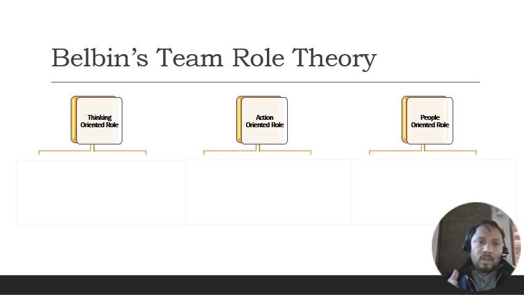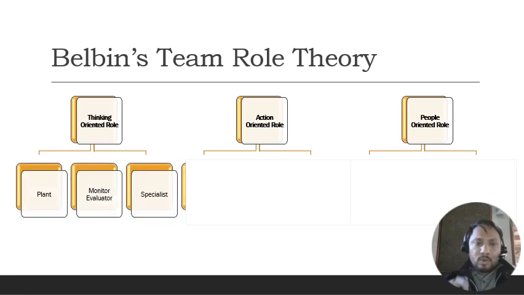Now we will see the subcategories of all these three main roles we have just studied. Before we go into the details, talking about the thinking block, the people in the category of thinking oriented roles: the first one is the plant, the second is monitor evaluator, and the third is specialist.